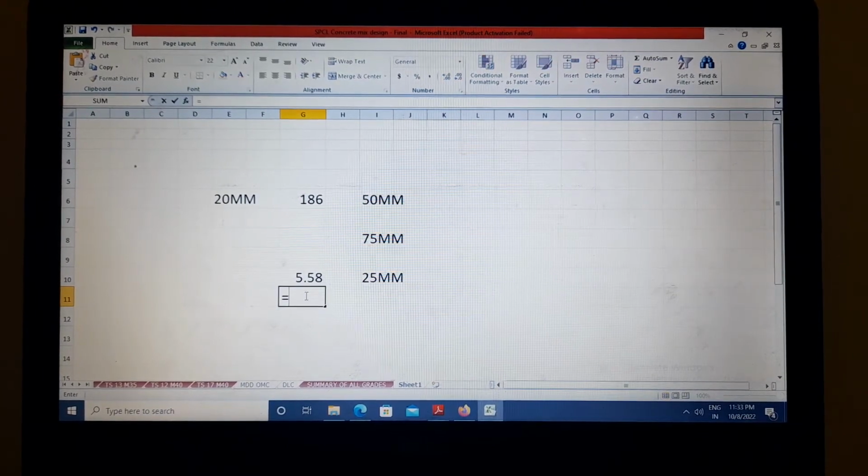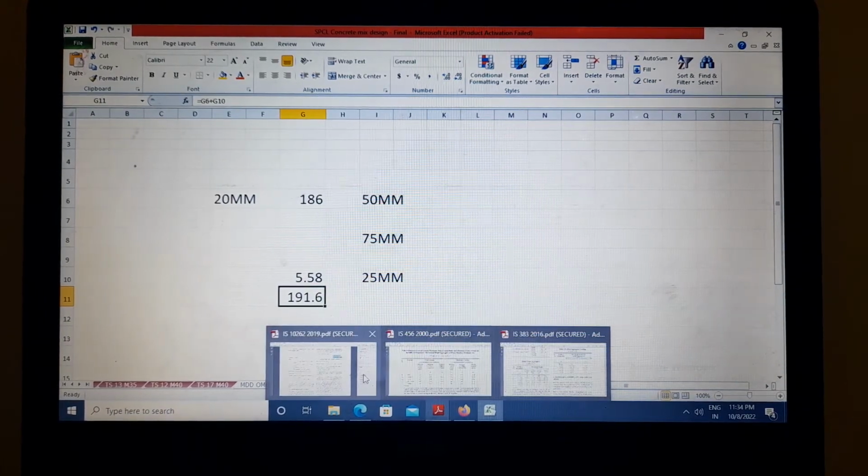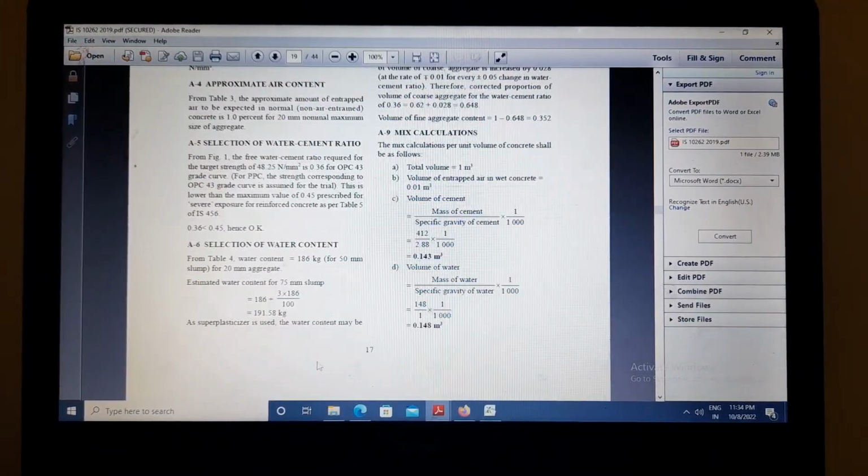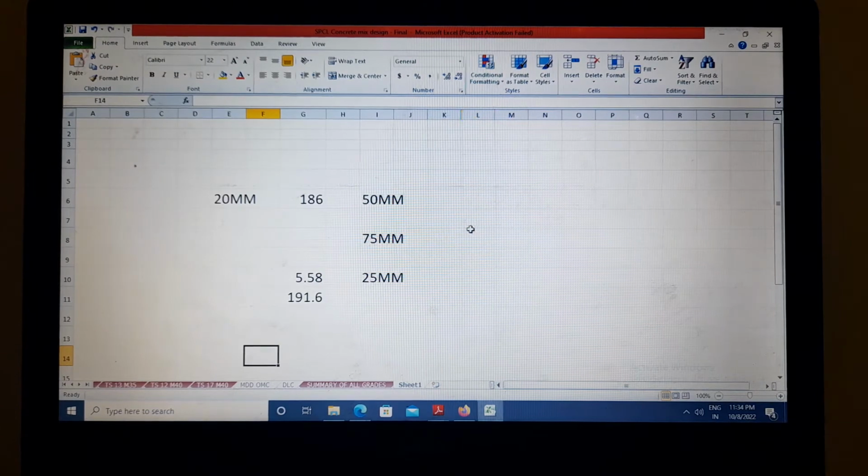So our total water requirement will be 191.6, which is given here, 191.58, which is given here. And one more thing is, by addition of admixture, the water is getting reduced by 23%.